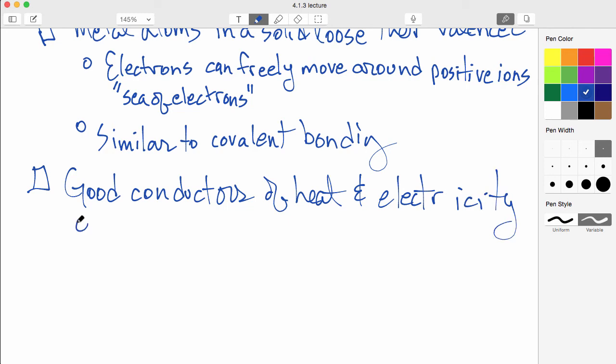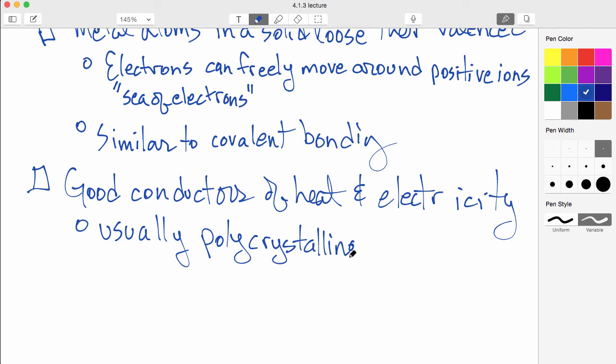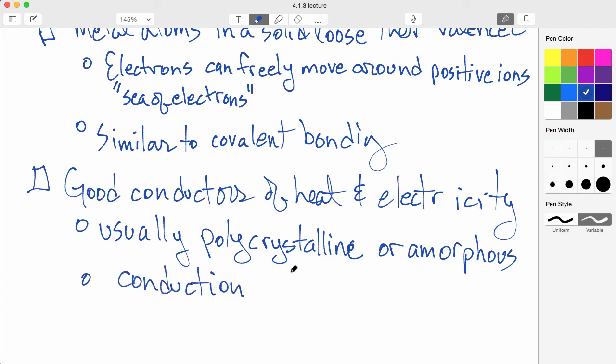They are usually polycrystalline, or perhaps amorphous. And usually the conduction is not directional.